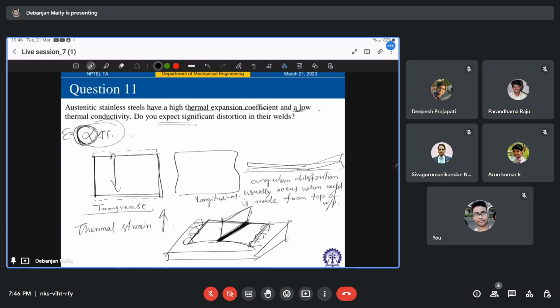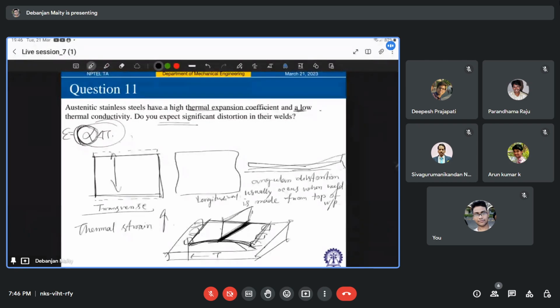This plate will be distorted over time because of thermal strains generated. Here you have fixed it, so a lot of residual stress or internal stress, tensile or compressive, will be generated in between, right? And because of those stresses, and also depending on your thermal expansion coefficient, thermal strains will be generated, which will ultimately distort the workpiece.